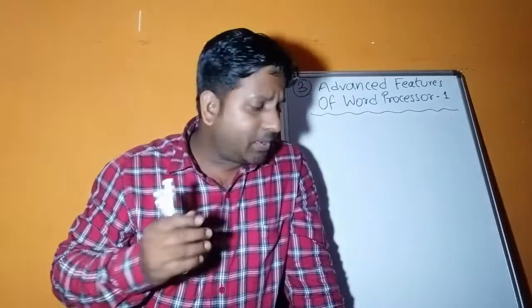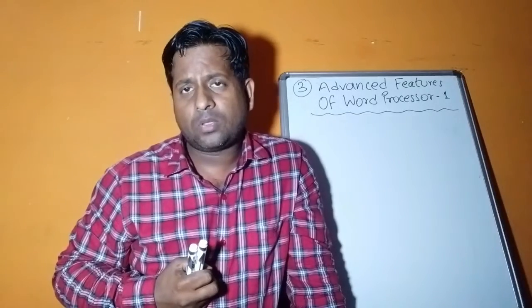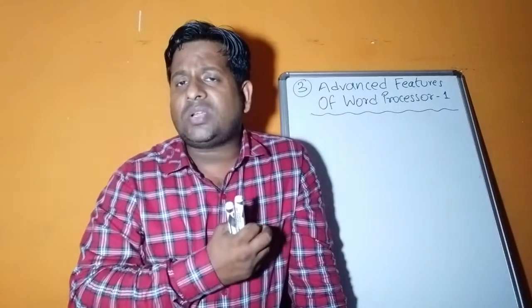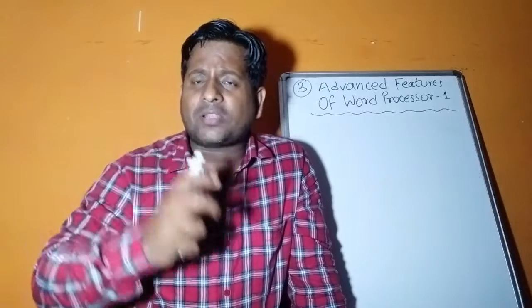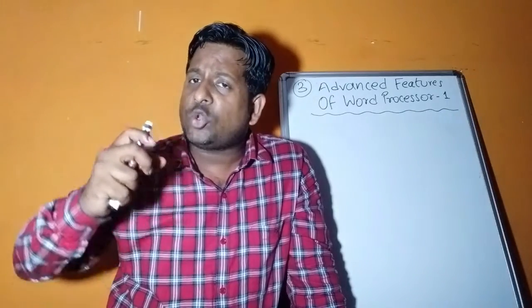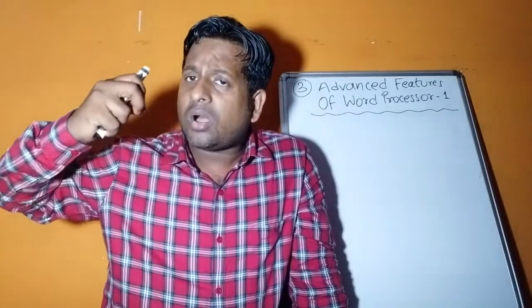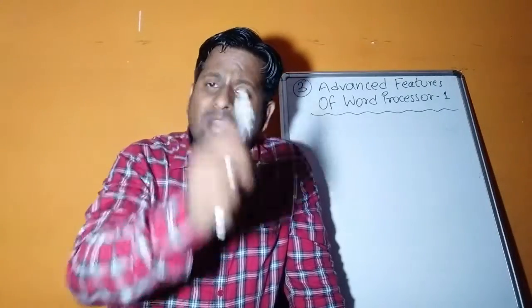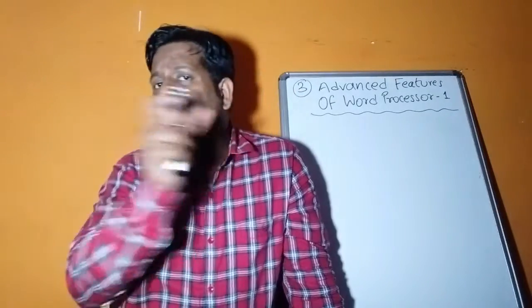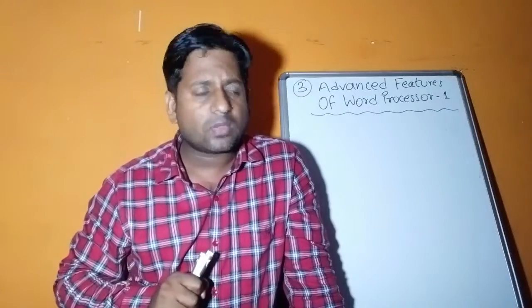Then we learned how we can apply a shadow effect to a text. The shadow effect formats the text and makes it look attractive, so that the user's eyes will interact with it. Basically we apply these on headings.